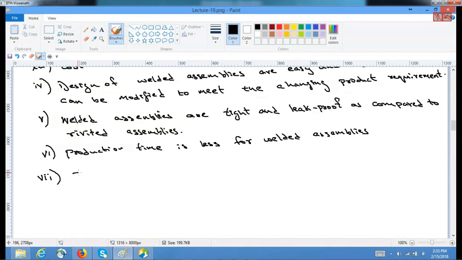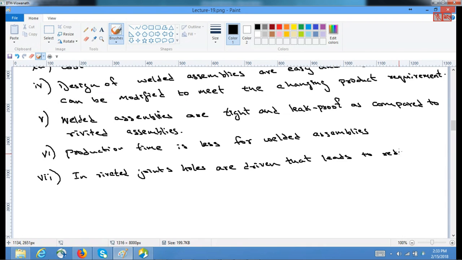In riveted joints, holes are driven that leads to reduction in the net cross section, which in turn results in stress concentrations.